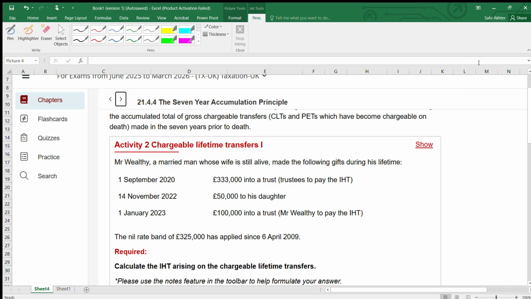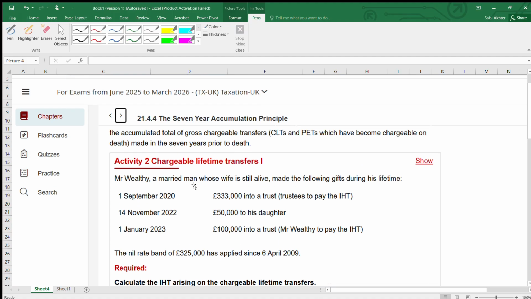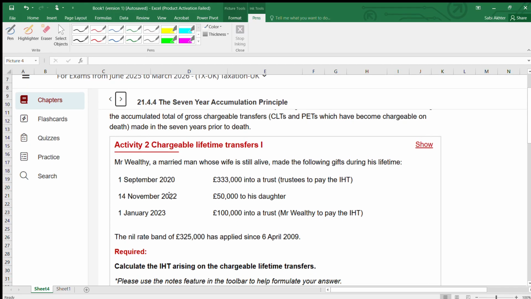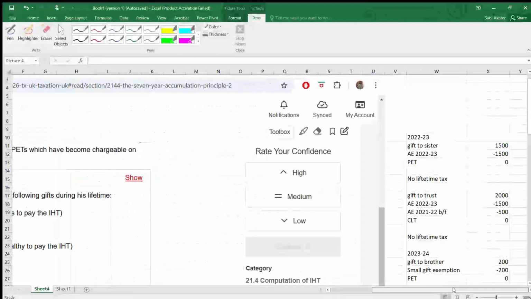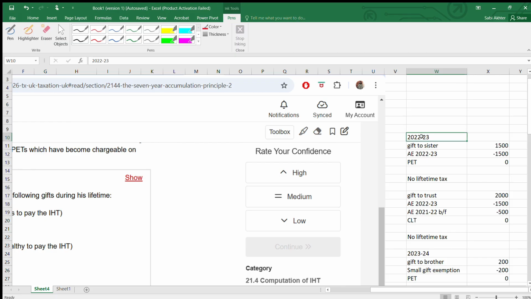So for activity 2, first we'll do it in order. If you see the first gift, which is 2020, it is in the tax year 2020-21, and the last two gifts are in the year 22-23. So first we are going to go through the first one, 2020-21.